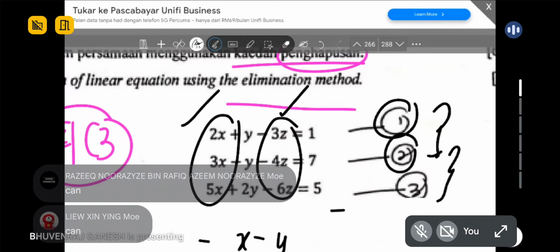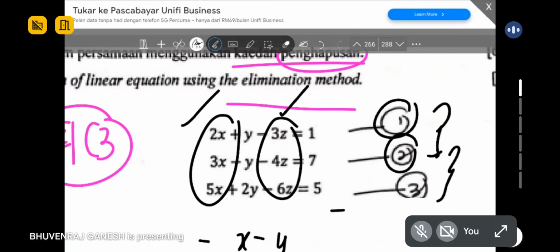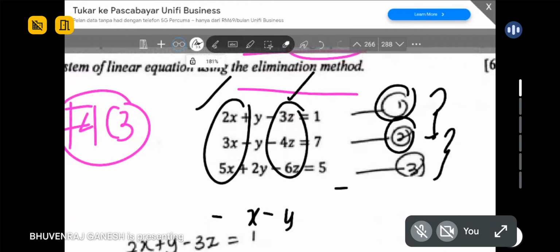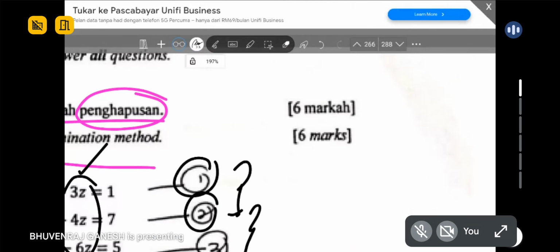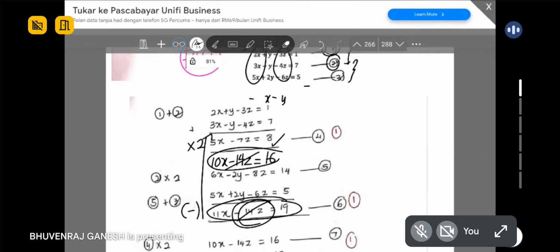So basically you have already 3 methods over here. 3 kaedah. You either choose x, y or z. So depend on you lah. Bergantung mana yang kamu suka. Okay, there is no right or wrong. Tak ada betul salah. Just your preference. Okay? So understand guys, so total of this question is 6 marks. 6 markah.